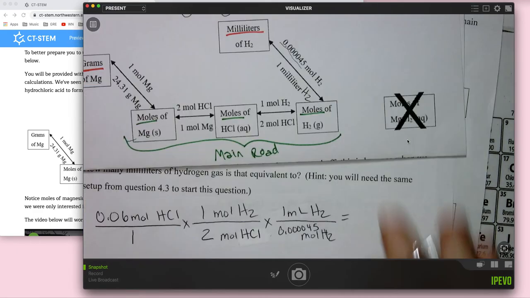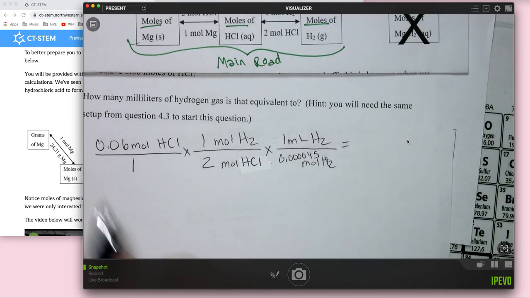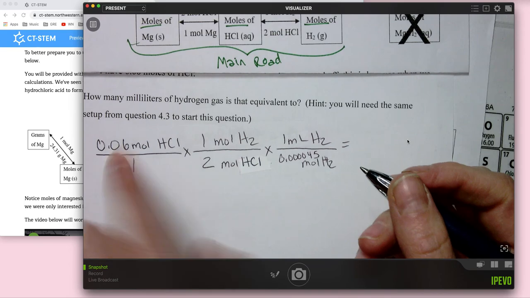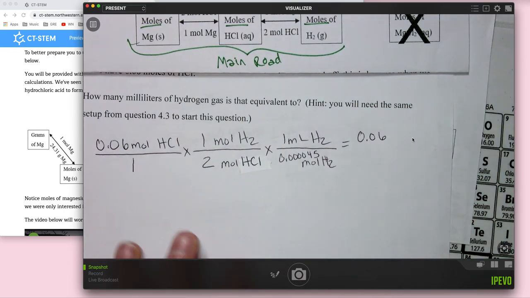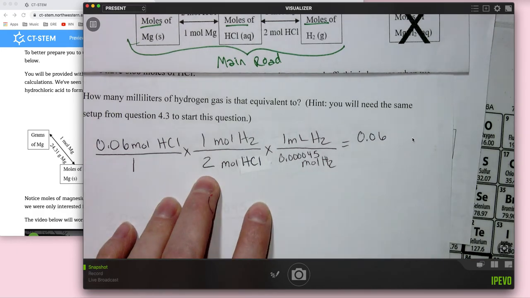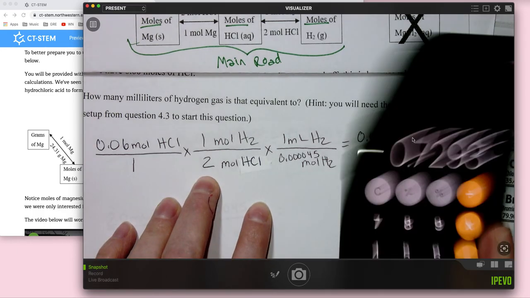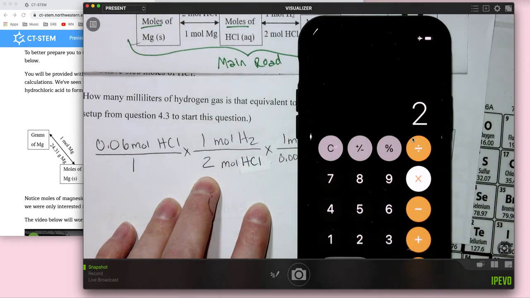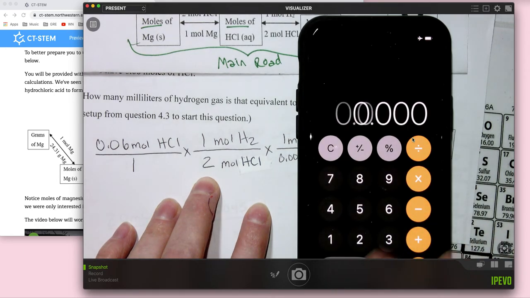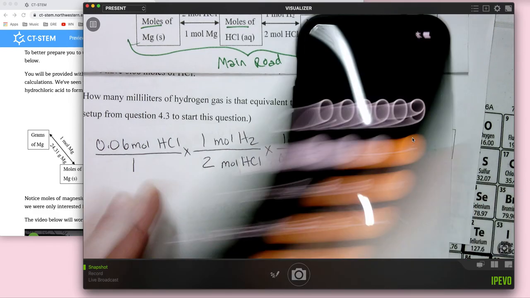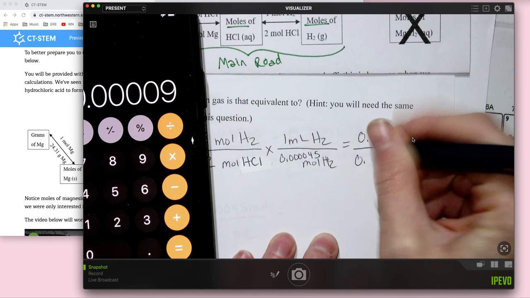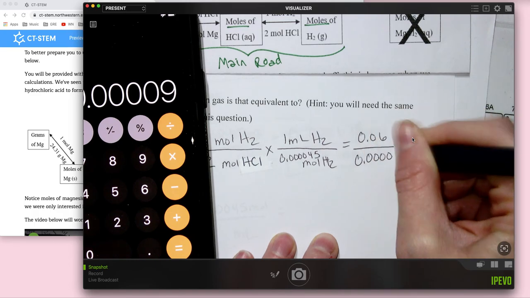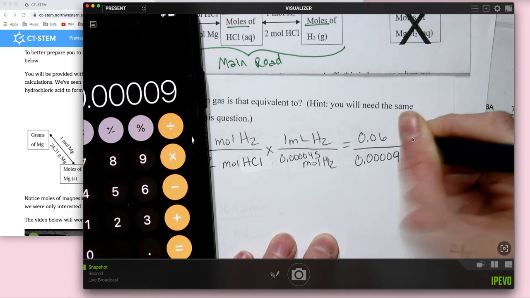And just like before, this is getting kind of complicated, so I'm going to multiply out and then I'm going to divide. So 0.06 times 1 times 1 is 0.06, and 2 times 0.12345 ends up getting 0.2469.